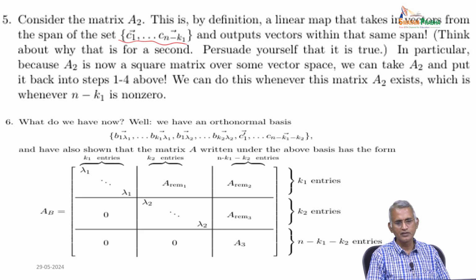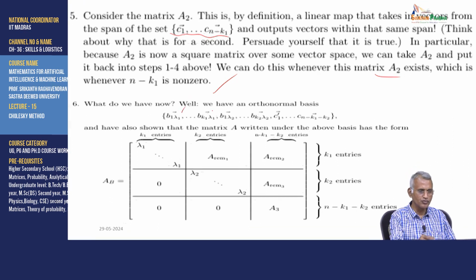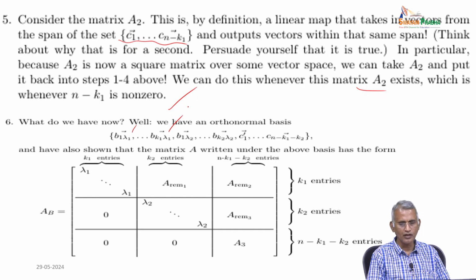We can do this whenever the matrix A2 exists, that is, whenever n minus k1 is non-zero. So now we have an orthonormal basis b1 lambda 1 bar, ..., bk1 lambda 1 bar, and so on, up to c(n minus k1 minus k2).